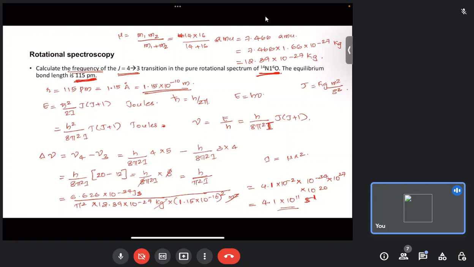So this is also a similar question along similar lines, where we have been given a wave number.